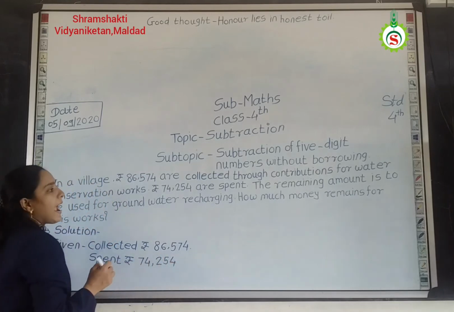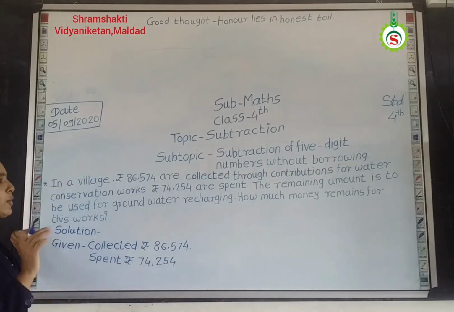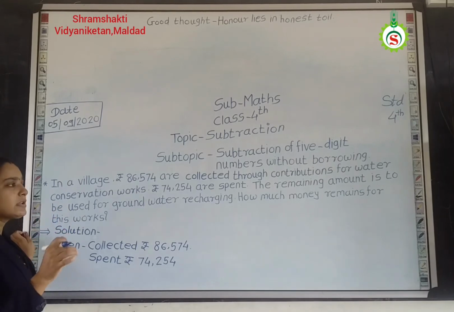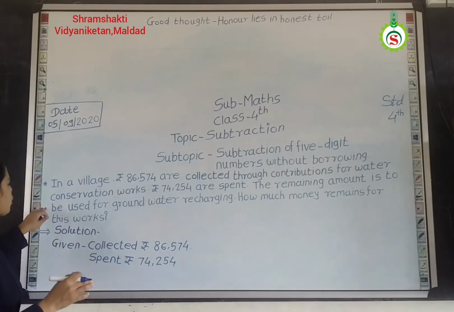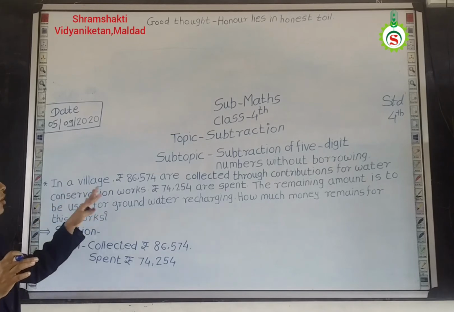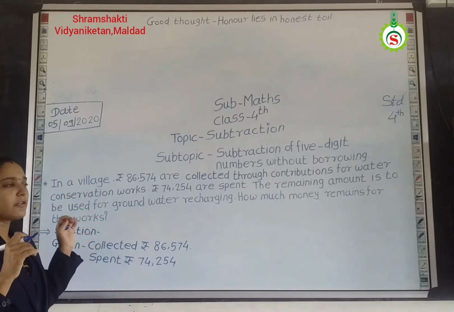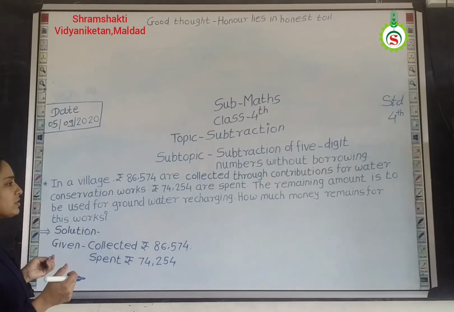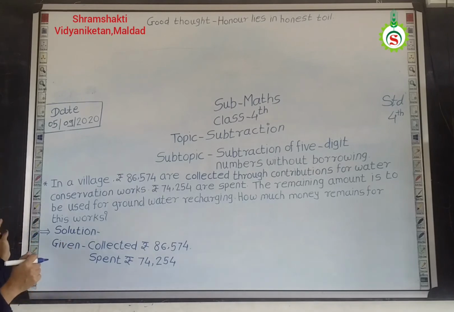And what we have to find? We have to find the remaining amount. Students, the remaining amount is to be used for groundwater recharging. Means here we have to find how much money remains for this work.